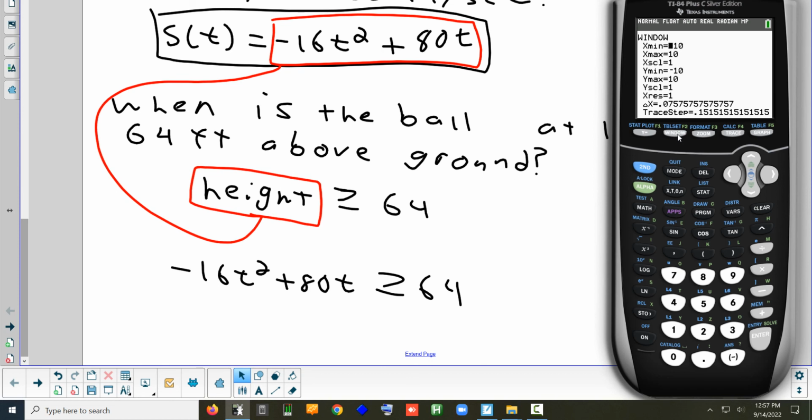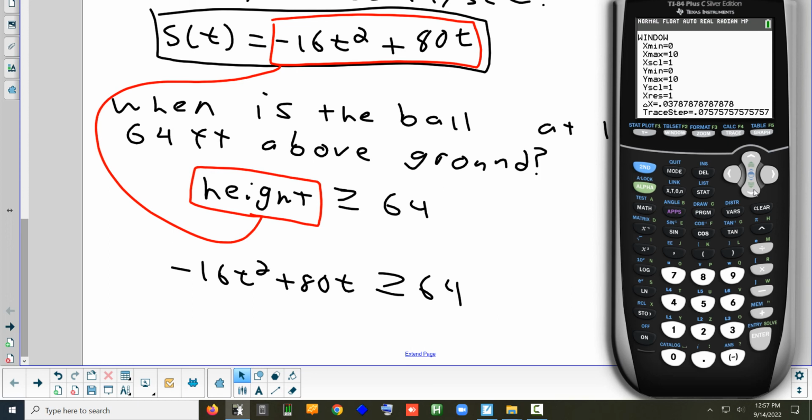No. First of all, x is time. What values of time should we focus on? Yep. We should focus on positive values. Height is also a value where we should focus on positives. Negative 10 would mean it's below ground, right? We're not going below ground. So it's 0 for minimum height.